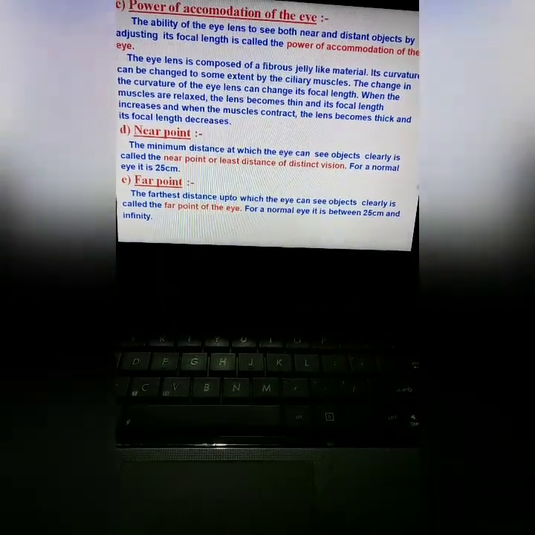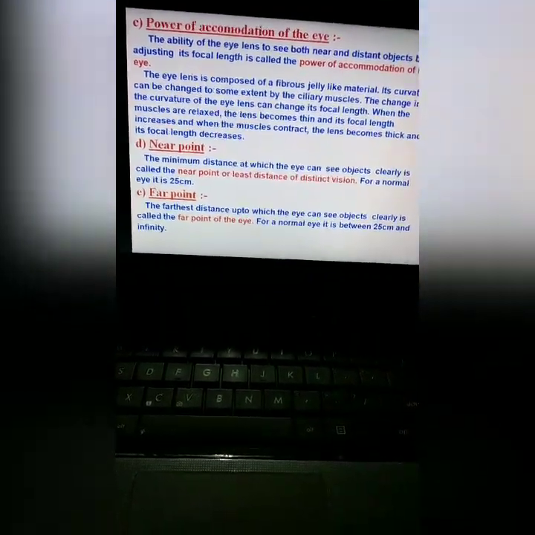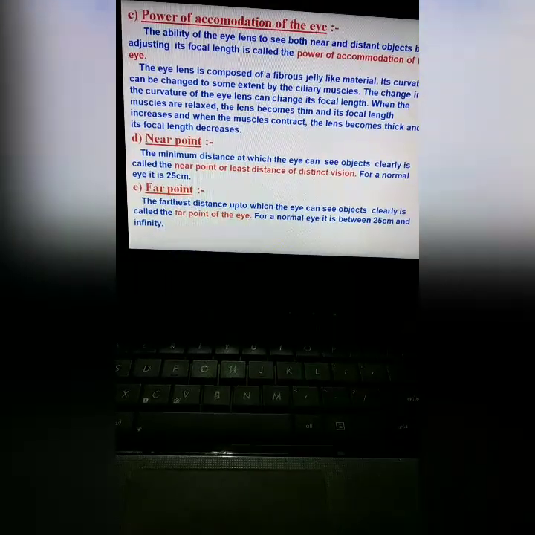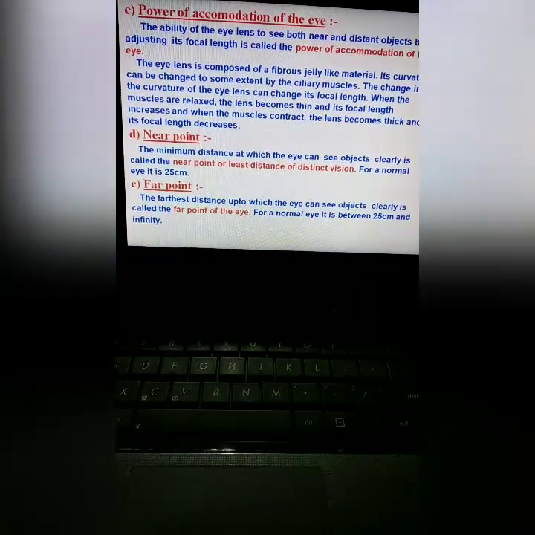So for the normal eye, we have 2 points. One is the near point, another is the far point. What is the near point? The minimum distance at which the eye can see objects clearly is called the near point of distinct vision, or the least distance of distinct vision, that is 25 centimeter.